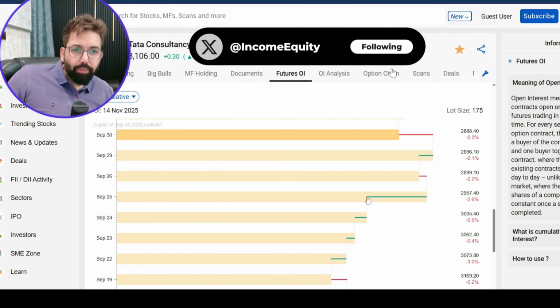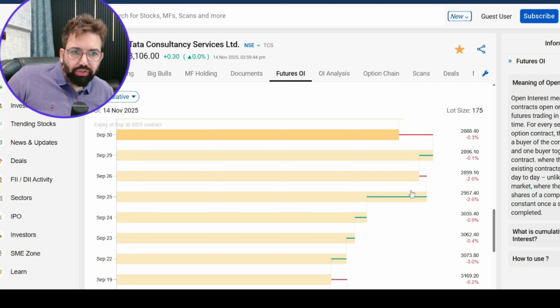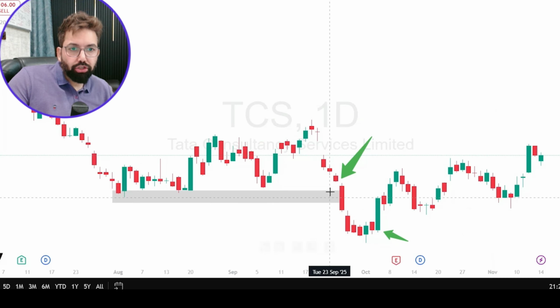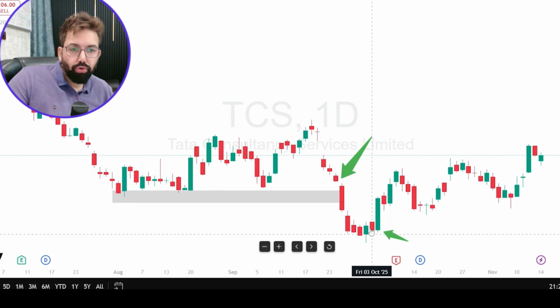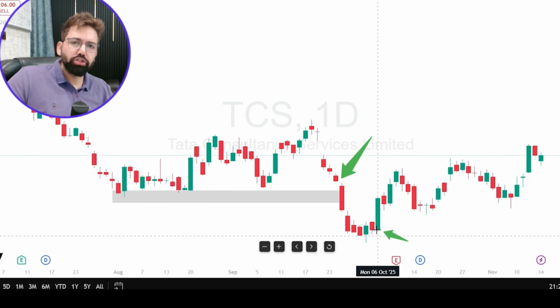That means a lot of new positions were created when the stock was going down. This can help us read whether the stock is going to have a follow through or not. Obviously, this is not 100%, but with other tools, you can have a good grip on the subject. But today's topic is future.